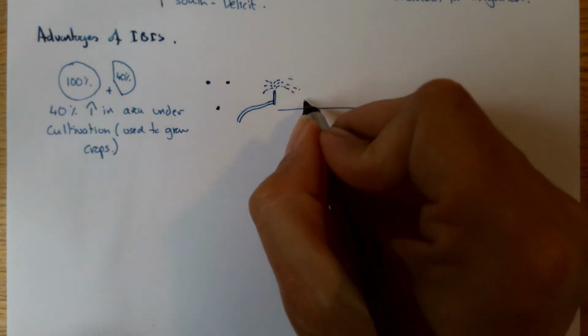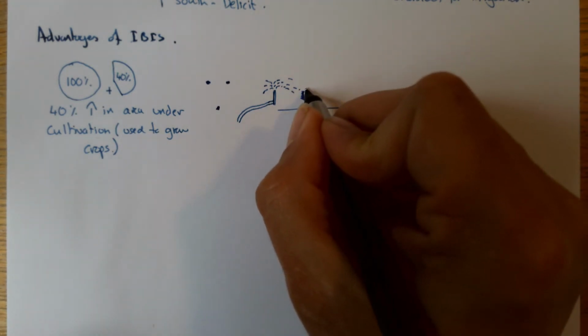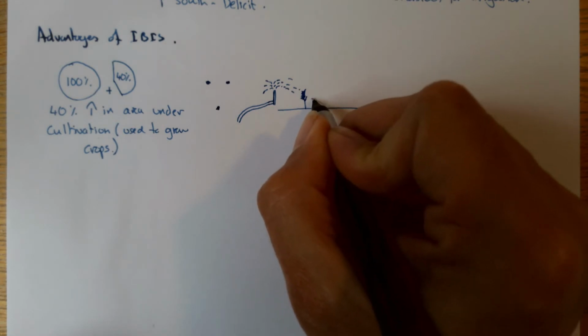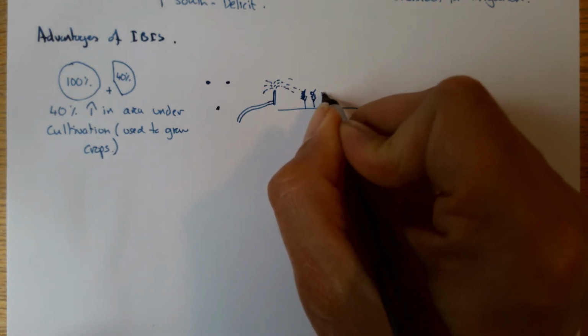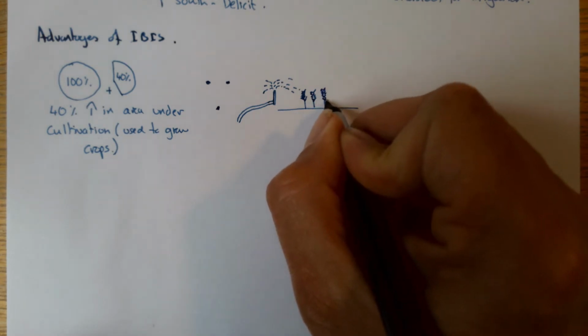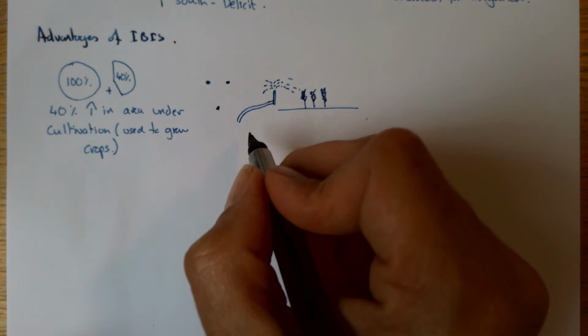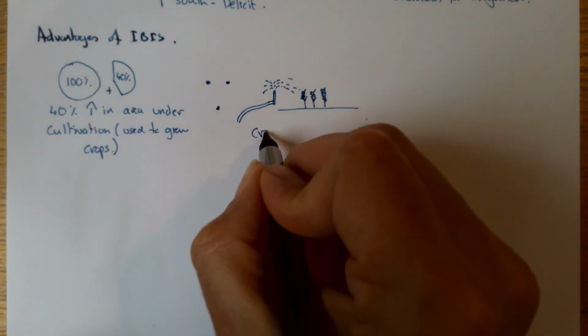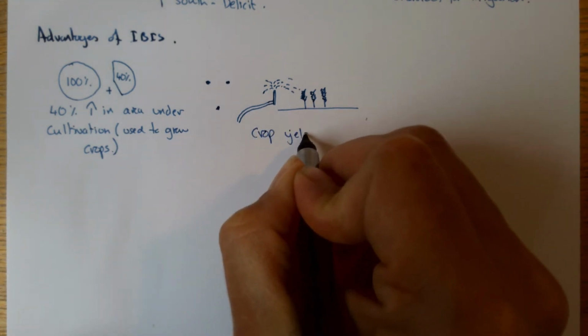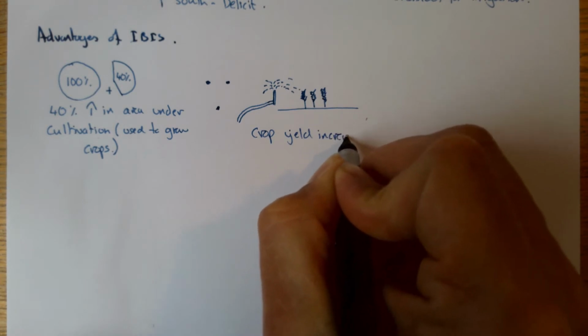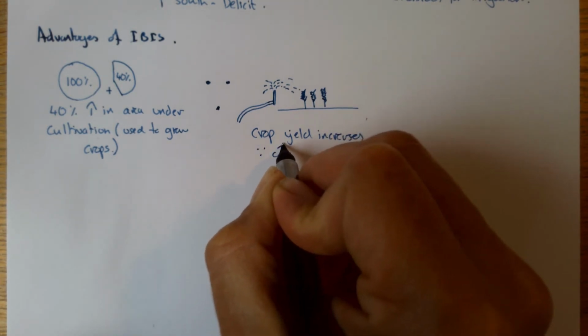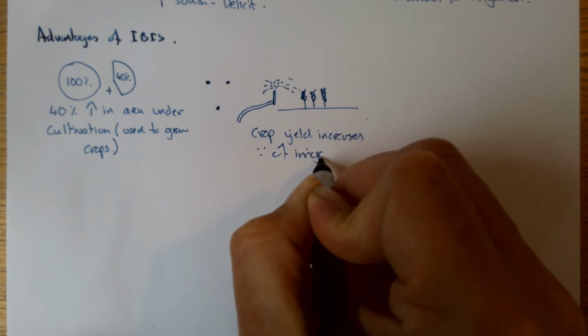And with that irrigation, we can grow more crops and increase the yield, because more area is under cultivation. So we can talk about crop yield increases because of irrigation.